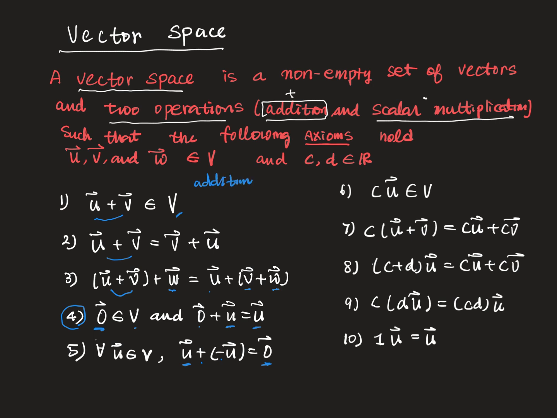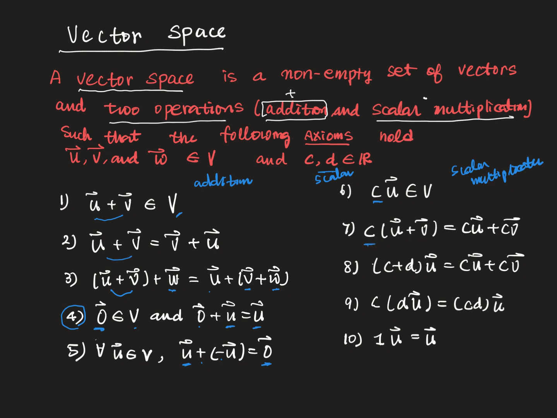Okay. The right side is about scalar multiplication. So c and d are real numbers. We call these scalars, right? So c times vector u is in the vector space.